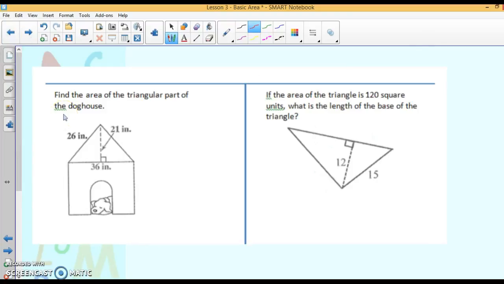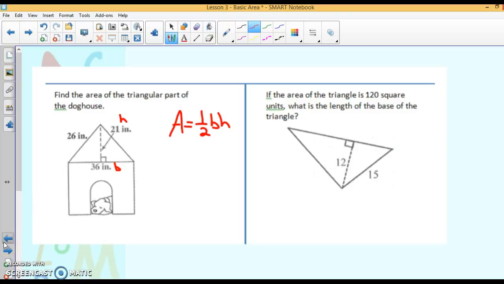All right, find the area of the triangular part of the doghouse. Look at your formula sheet. The formula for area of a triangle is 1/2 base times height. The base and the height meet each other at a right angle. So, this is the base, this is the height.